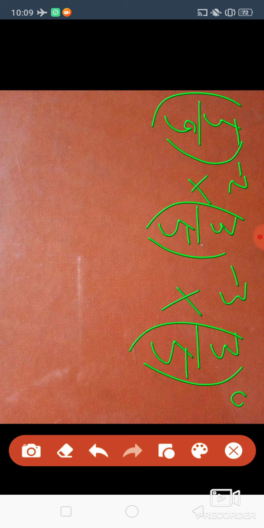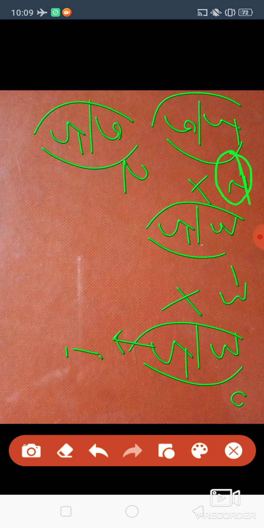So first of all this will become 1, and this part will become (9/5)^2. I have told you already that whenever the exponent has a minus sign, it will become plus by reciprocating.